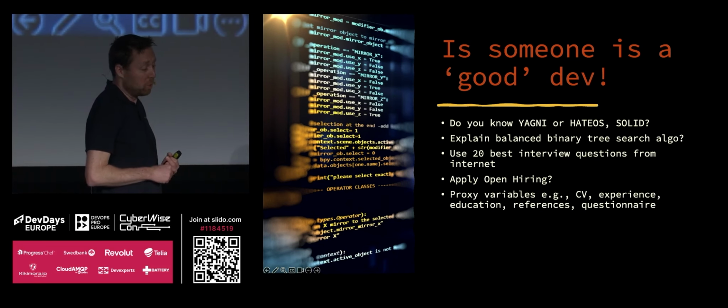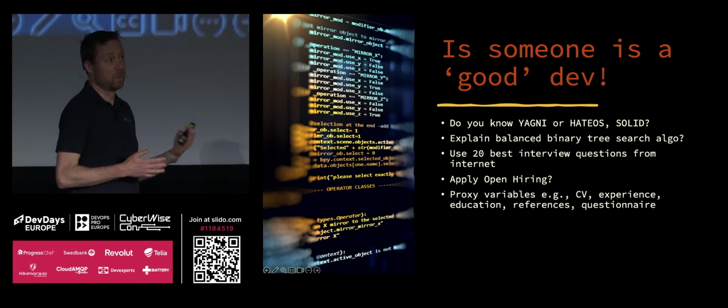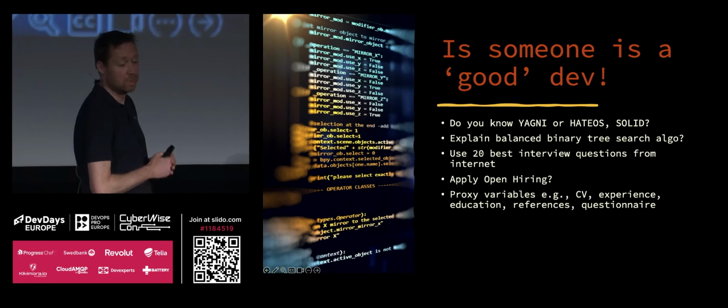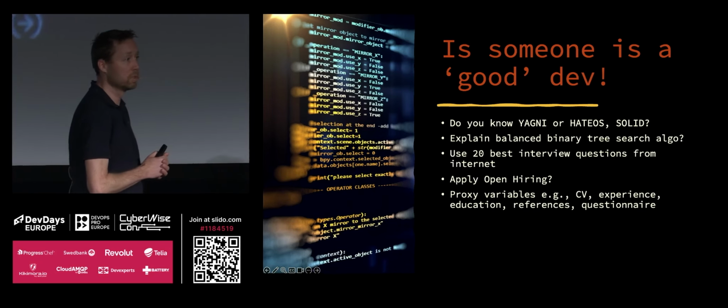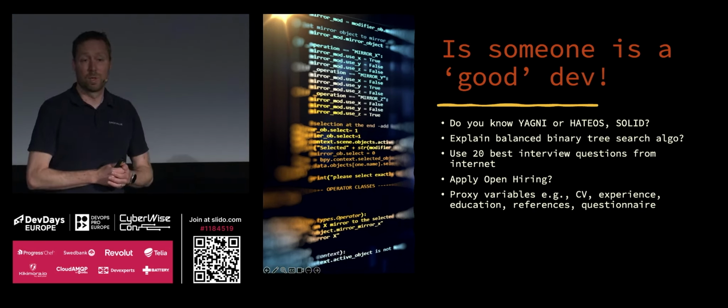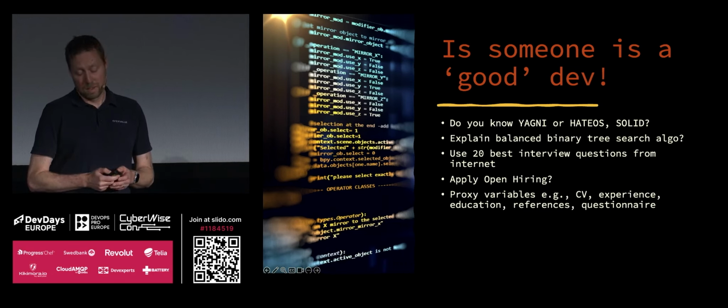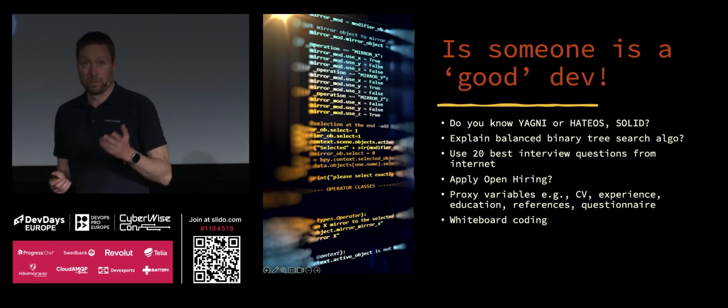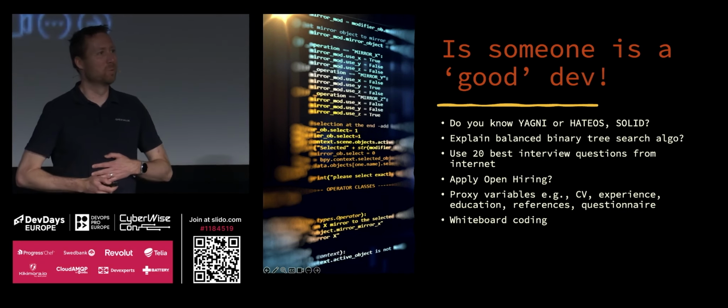Then I think what most people do is that they use proxy variables as well in the selection process. And you look at somebody's CV, their prior experiences, educational background, references from other people. Maybe you let them do some questionnaires online, etc., and you get some insights from that. So these might all be good ideas. Oh, that's of course the whiteboard coding, a really important one, I think.